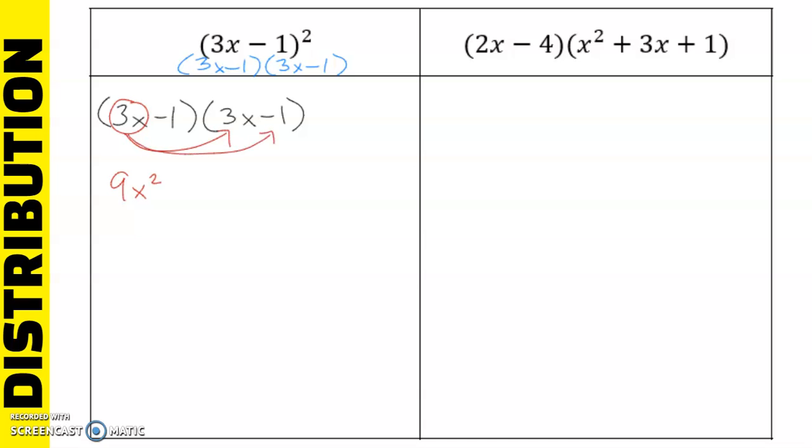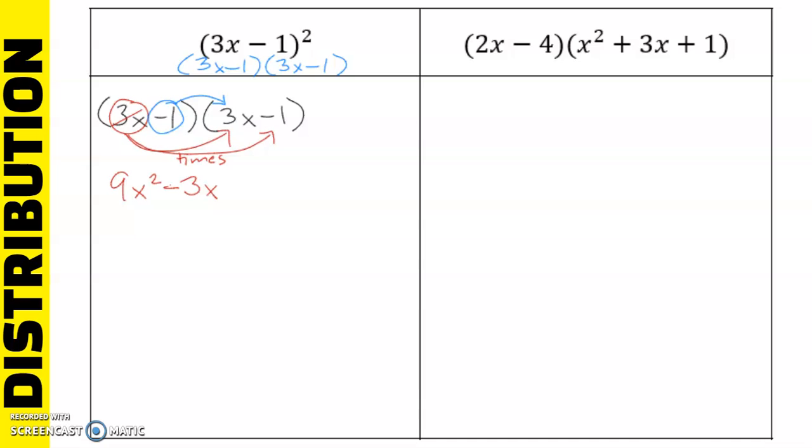3x minus 1. See, look what I just did. I didn't say times. 3x times negative 1. Ooh, that's a really easy slip up. 3x times negative 1. Maybe I should write that down. Hey, I am multiplying. 3x times negative 1 is negative 3x. All right, I've done everything in the second parentheses, so I'm done there. Negative 1, mind the signs, mind the exponents.